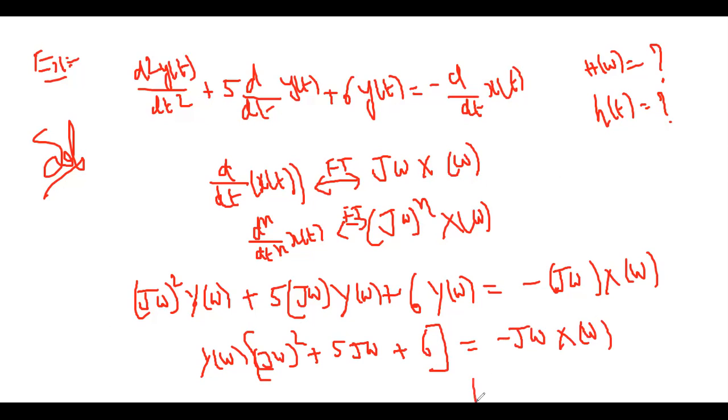We know the H of omega is the system transfer function or frequency response. Transfer function means output by the input, Y of omega by X of omega.